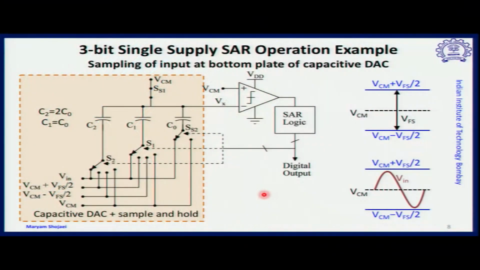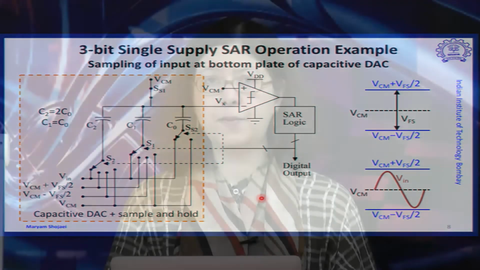When we use a capacitive DAC, or charge redistribution DAC, we take advantage of almost zero static power consumption. That is the reason the capacitive-based SAR ADC is very popular for low-energy applications. However, most applications today are also single supply, and in many textbooks this point is not well presented.